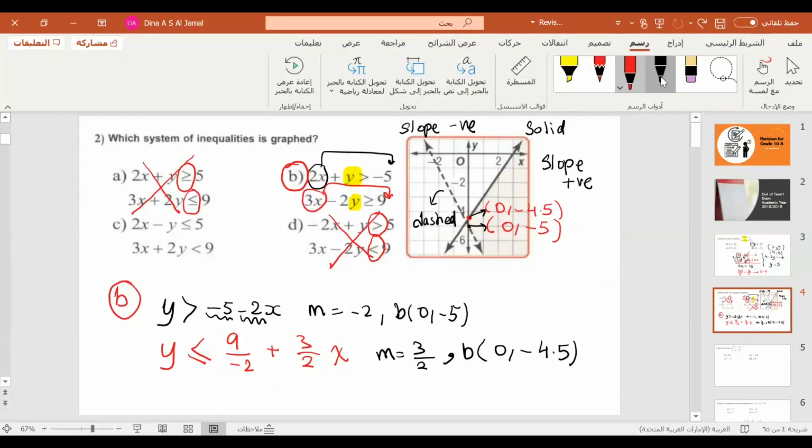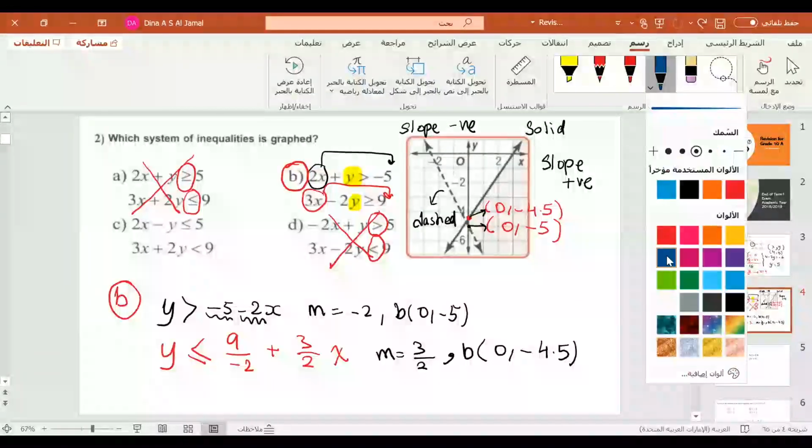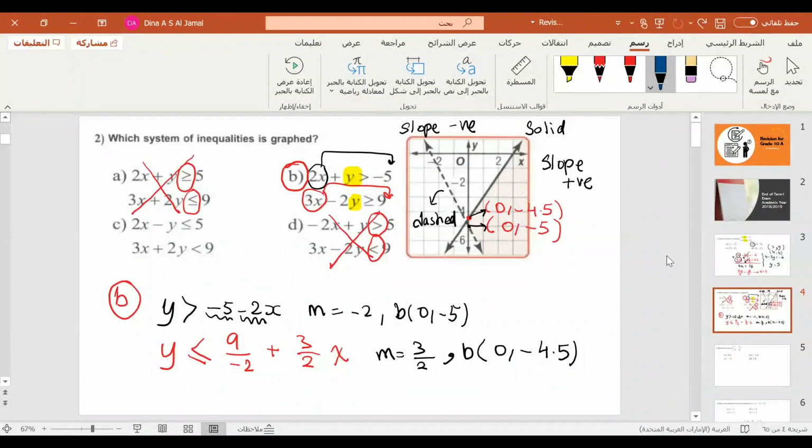And now let's check C at the end. If you move everything, C will have m with 2, which is a positive value.